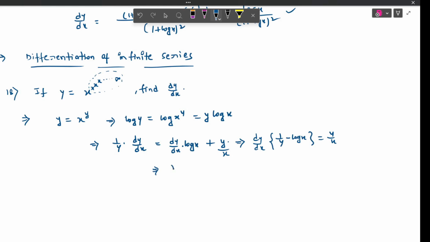So dy by dx would be, if you take LCM and cross multiply, this will be y square by x into 1 minus y log x. Sorry, 1 minus y log x.